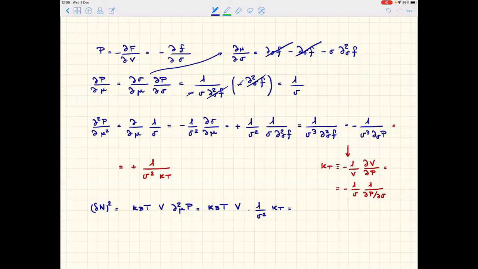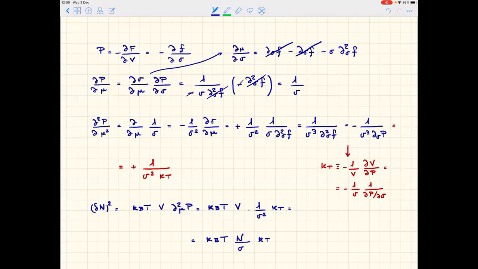Just a second. Yeah. So this is trivially equal to kBT times the number of particles divided by the specific volume times Kt.